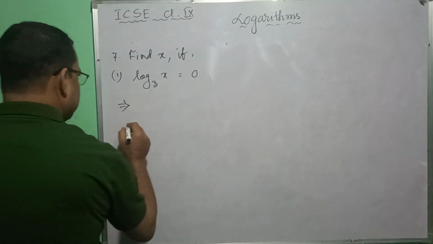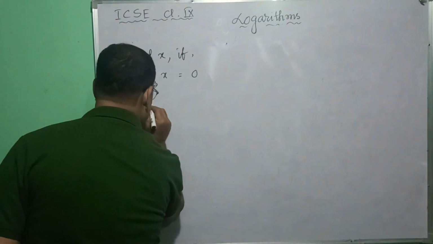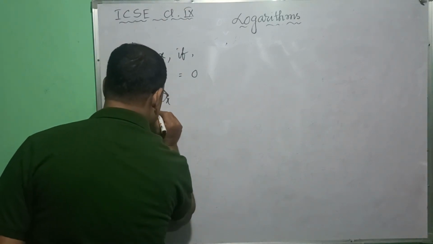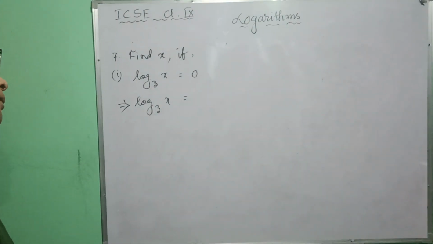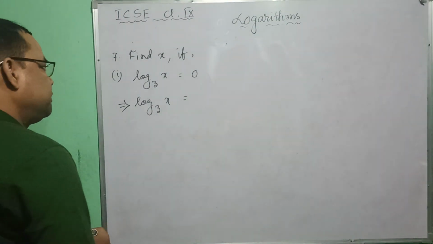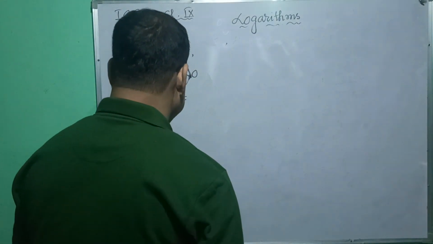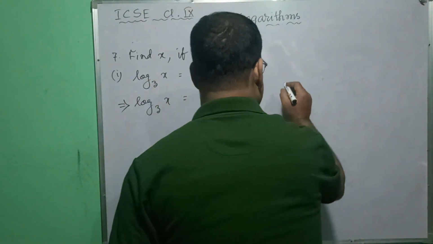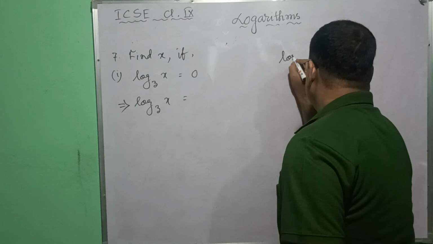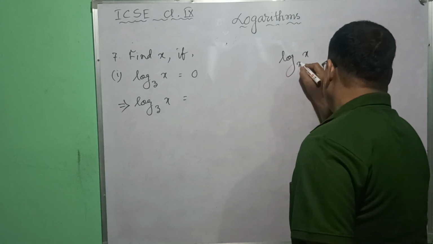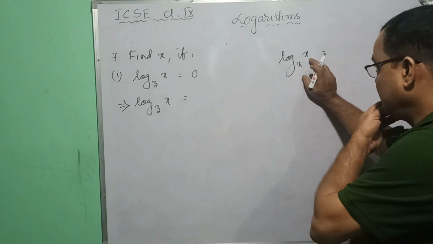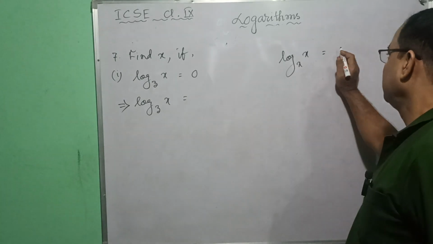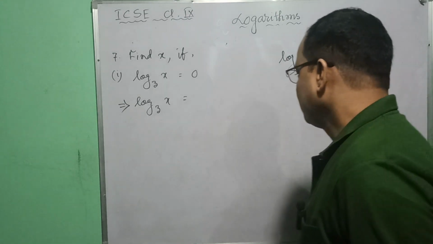Here it is given log x at base 3 equal to, in place of 0, we can write, we know that log x base x, if the base and the value of log are the same, then it is 1.